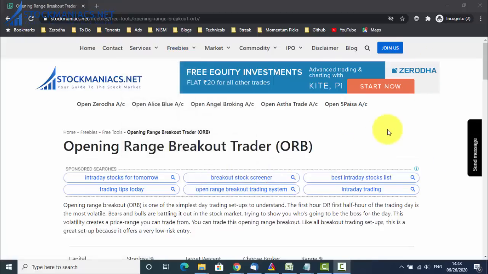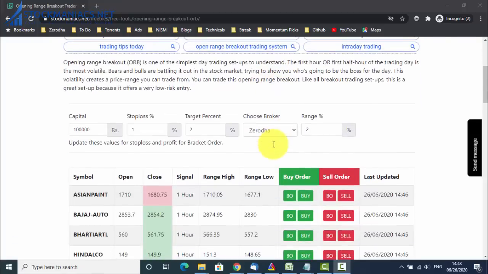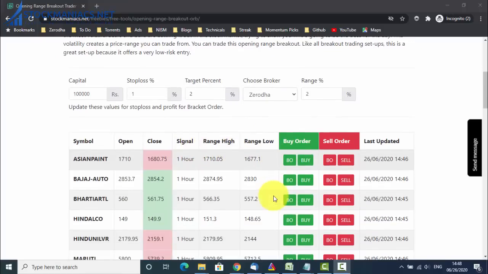Now this open range breakout trader. Here you will get the open range of all Nifty 50 stocks. You need to come to this page only after 9:30. Why 9:30? Because 9:30 is the first 15 minutes. At 9:15 the market opens, and from 9:15 to 9:30 the first 15 minutes candle is formed for all the stocks.